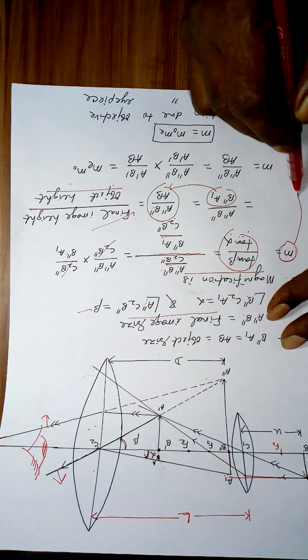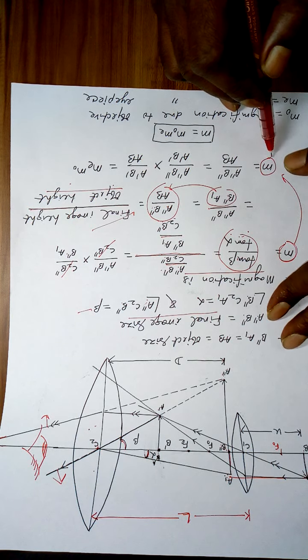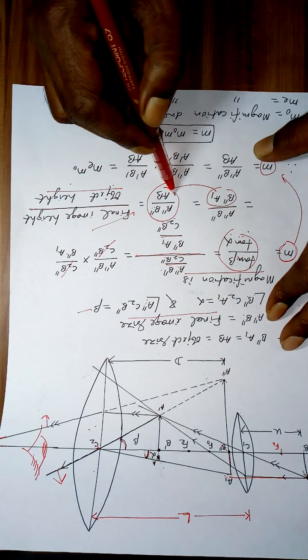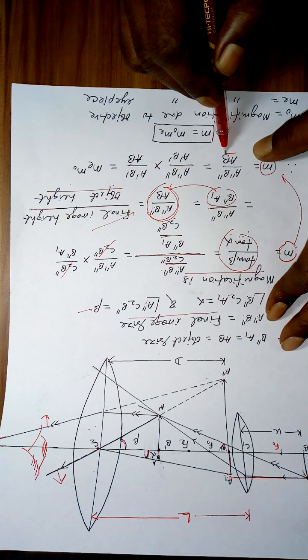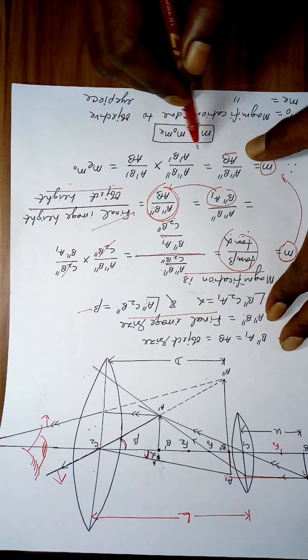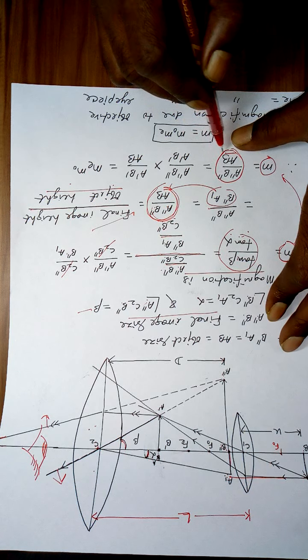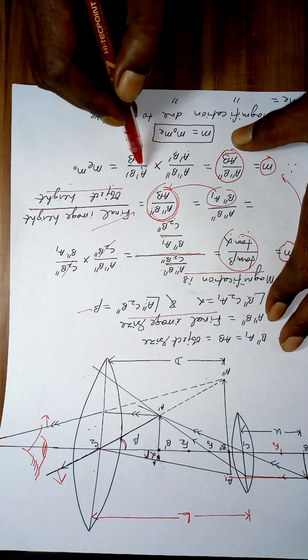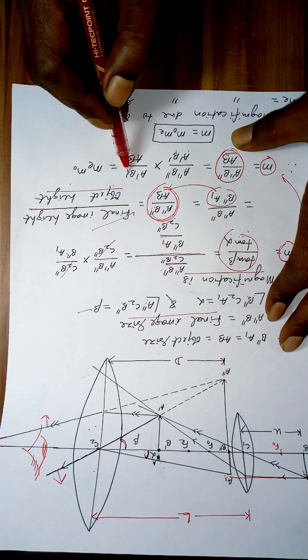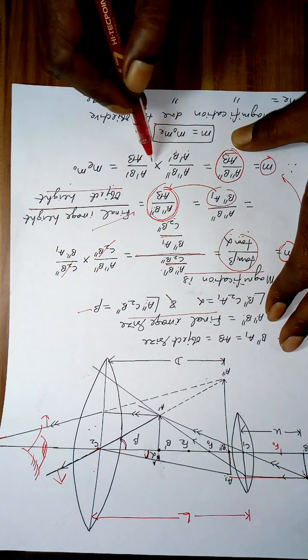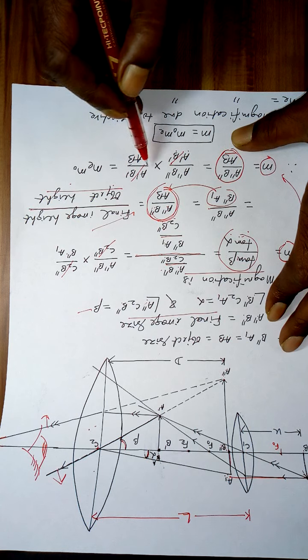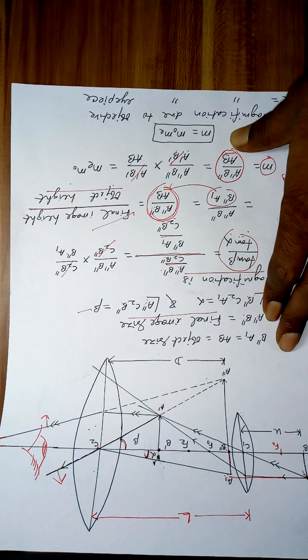Now how to rewrite it? What I do is I divide this by A dash B dash and multiply with A dash B dash, meaning I have not made any changes here. This is the same thing as this.